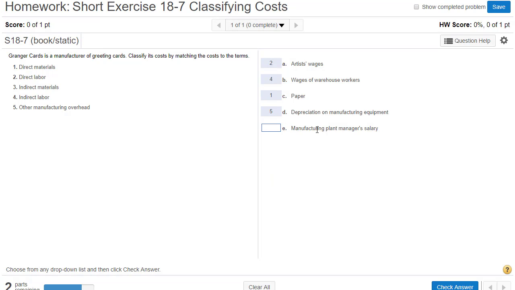Then we have the manufacturing plant manager's salary. So because it's the plant manager's salary, in other words, this person is helping make the cards, it is a product cost. But this person does not make the cards directly. They just manage the whole plant. So this is an indirect labor cost.